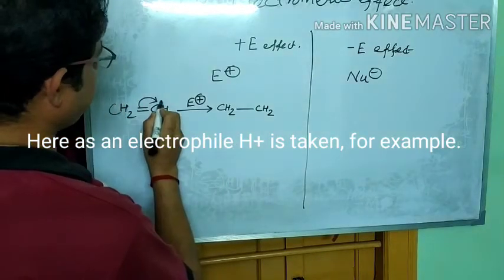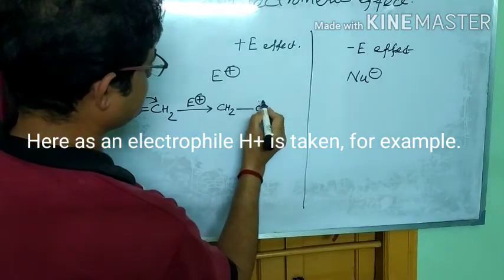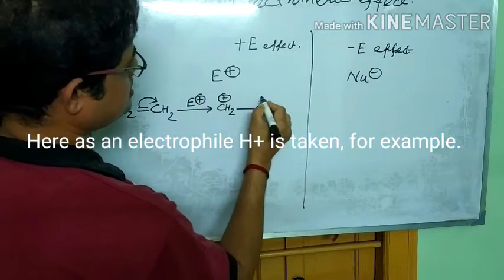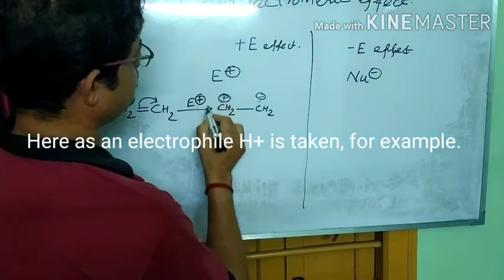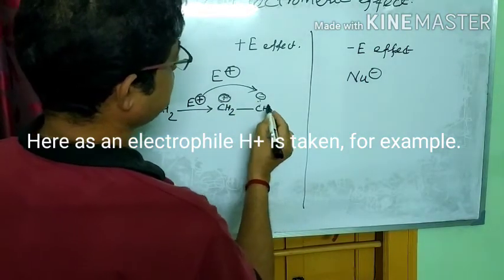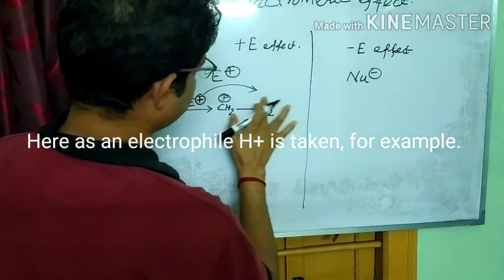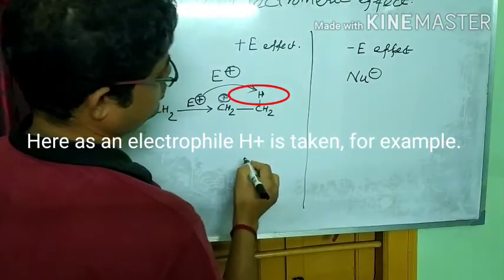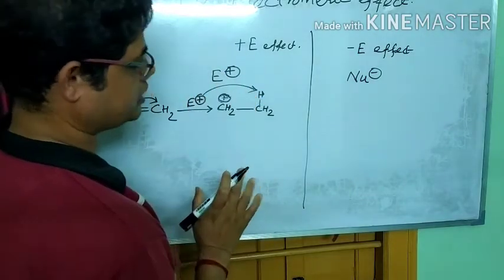This carbon gets 2 electrons, a negative charge. Now this electrophile attacks this carbon and makes a bond with carbon. Now the compound will be of this type. It is plus E effect.